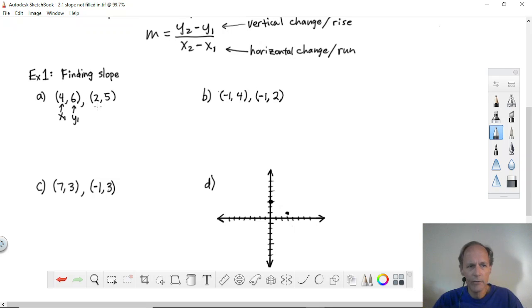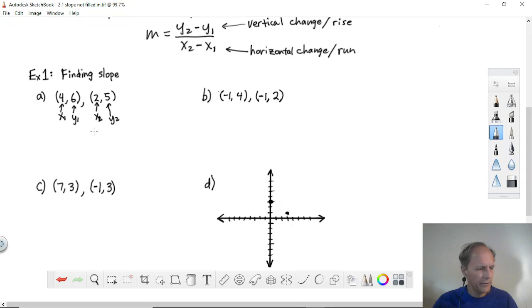And then our other point is right here. The first value in that ordered pair is x sub 2, and the second value in that ordered pair is y sub 2. Okay, so there's our ordered pairs.